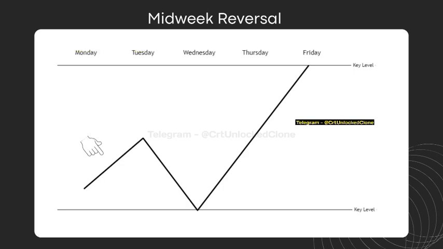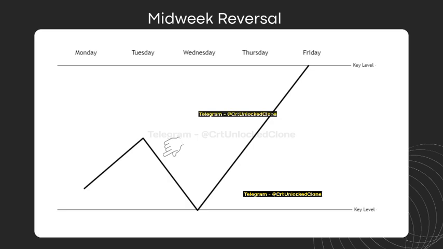Price starts out with a small expansion on Monday, but the nature of this expansion is weak because it originates without testing a higher time frame key level, and due to this nature, the expansion on Monday's candle forms a CRT, right? In most cases it forms a CRT, and then the Tuesday candle happens to be a ranging candle or an inside bar in most cases, right? And the Tuesday candle happens to be a ranging candle.